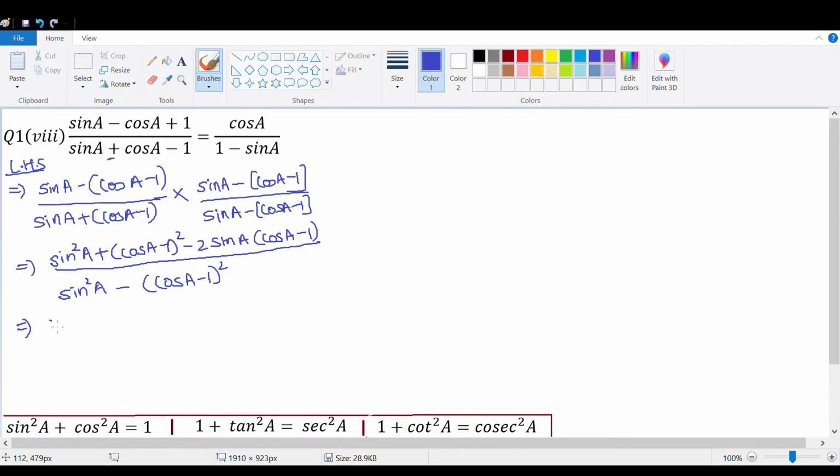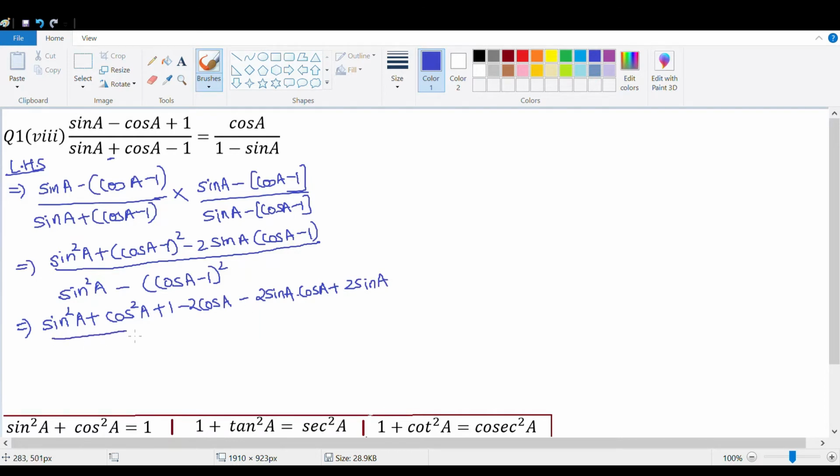So the first term is sine square A. When I open this, in the form x minus y whole square, this becomes cos square A plus 1 minus 2 cos A. And when I open this, it becomes minus 2 times sine A dot cos A plus 2 times sine A.